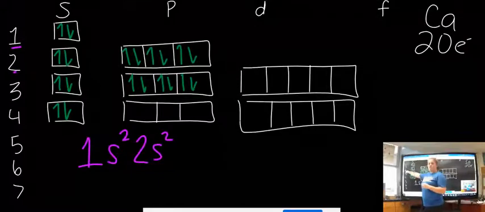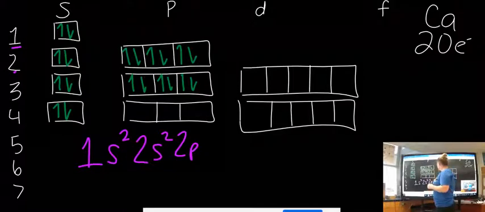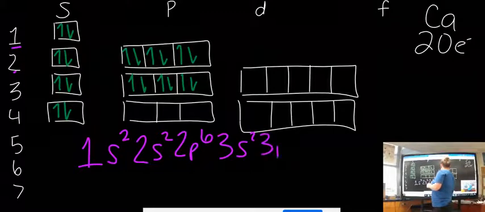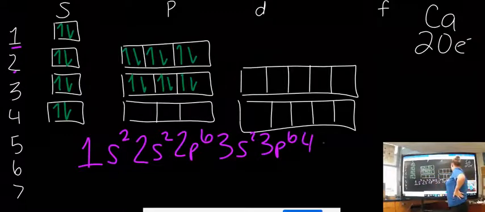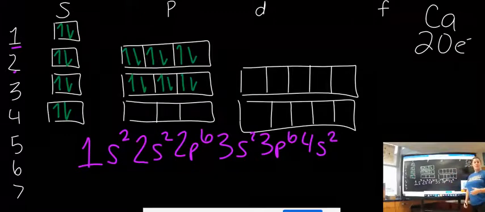Still in the second energy level, but I have a P orbital, so I have to do 2 P. And then I have 2, 4, 6. Go down to 3. Orbital S, 2, and then 3, P, 6, and then go to 4, S, 2. That would be our electron configuration for calcium.